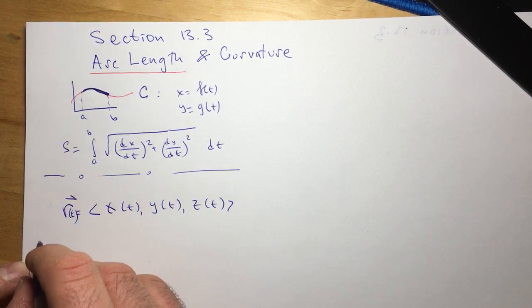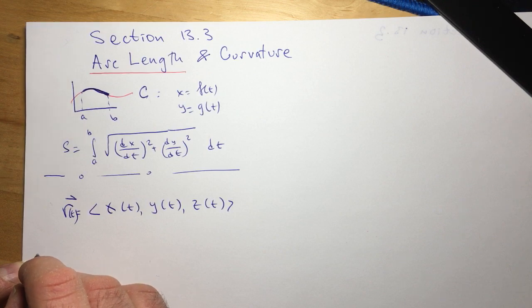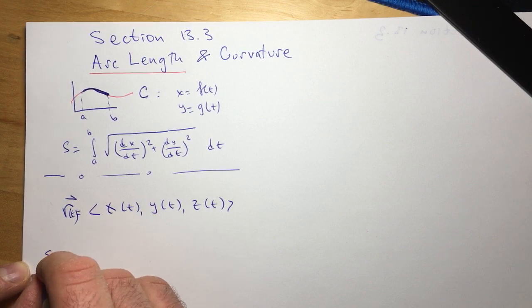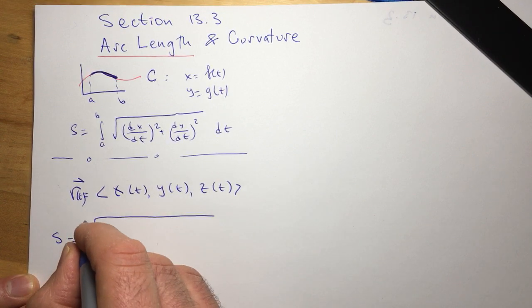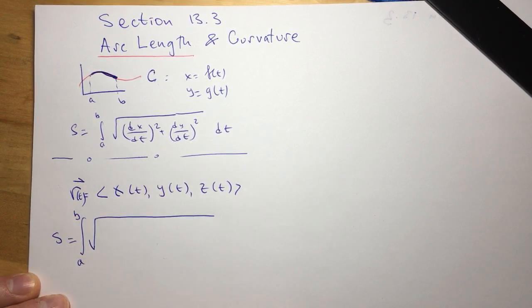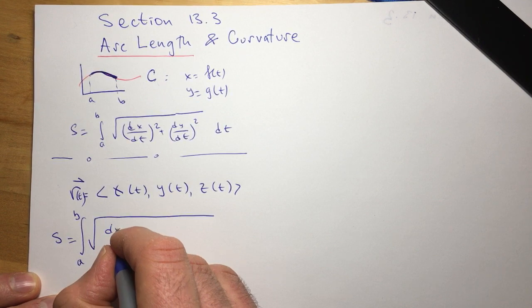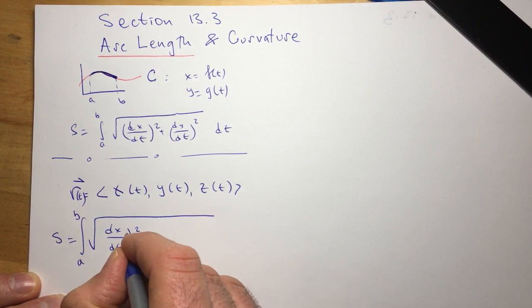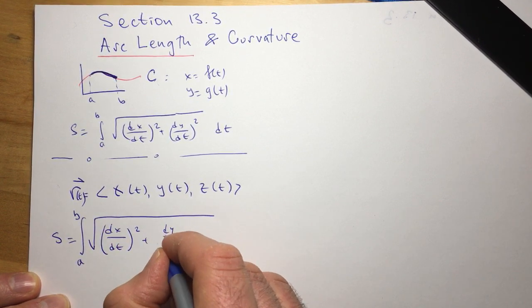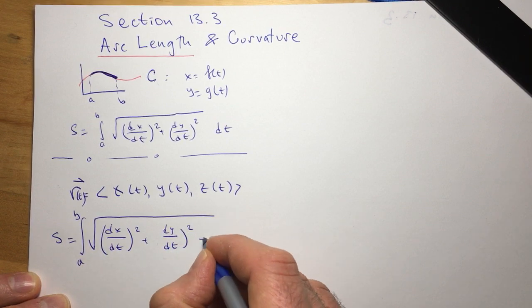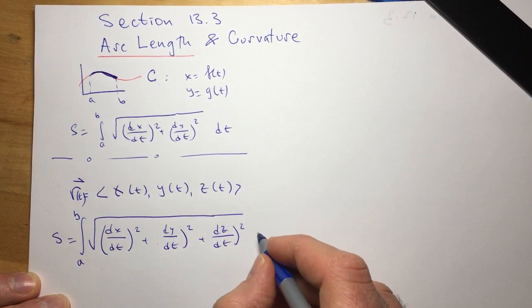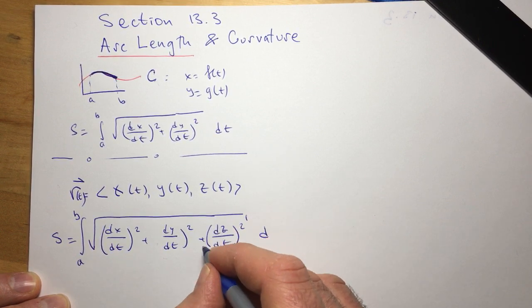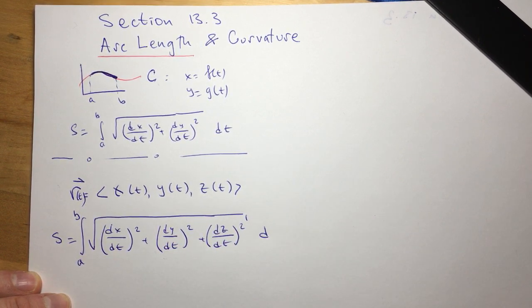Then the arc length evaluated from a to b is the definite integral from a to b of the square root of (dx/dt) squared plus (dy/dt) squared plus (dz/dt) squared, all of that integrated with respect to t.